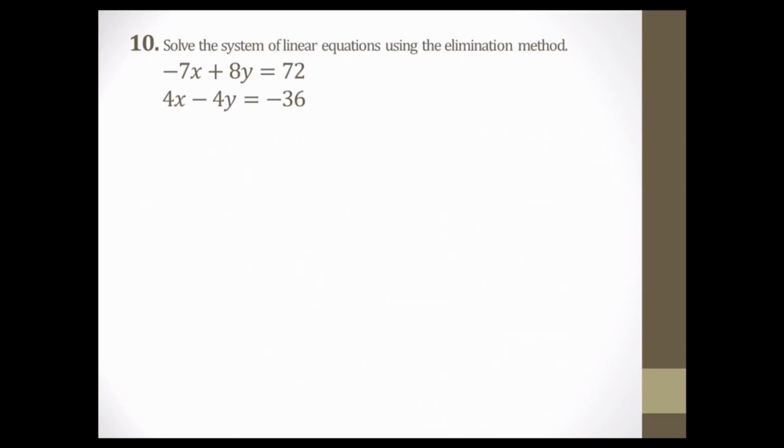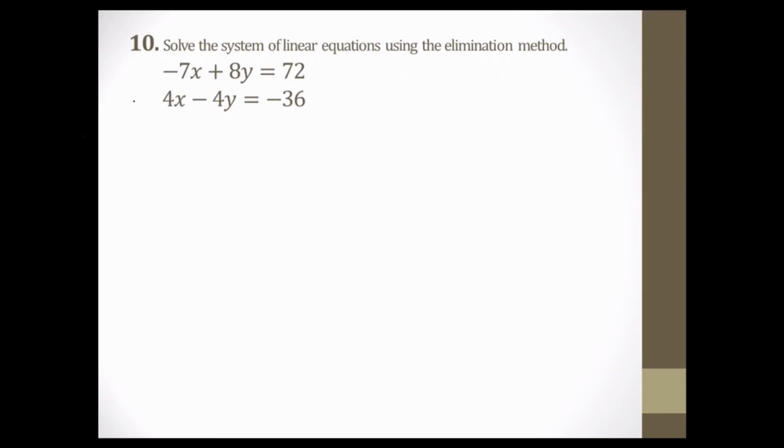In this case, you decide which variable you want to eliminate first. Sometimes it's easier to eliminate one variable over the other, but in this case, it's pretty equal difficulty. We want to create opposite coefficients within the same variable.